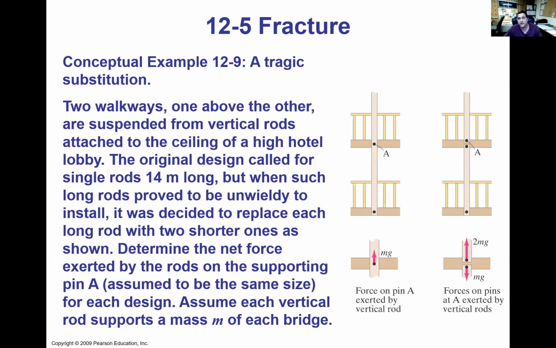And what I'd like you to do is there's two very good videos online where they talk about what happened with this and how something that on its surface looked like a simple substitution was not at all a simple substitution. And it happened during construction.